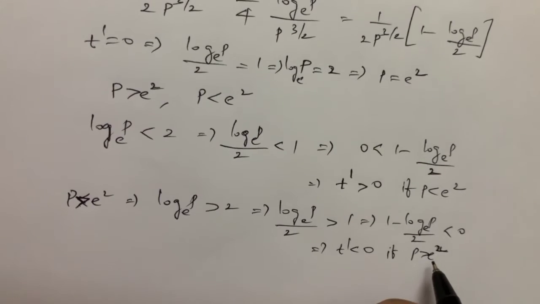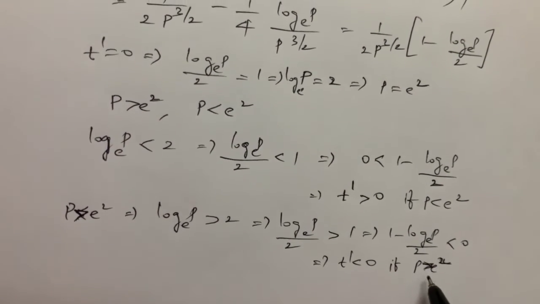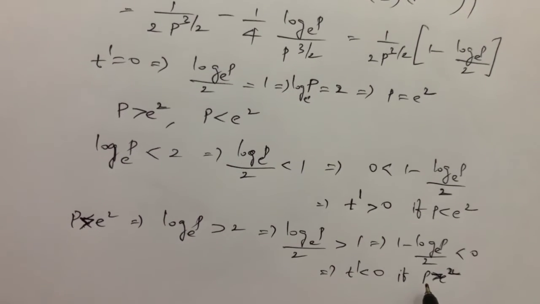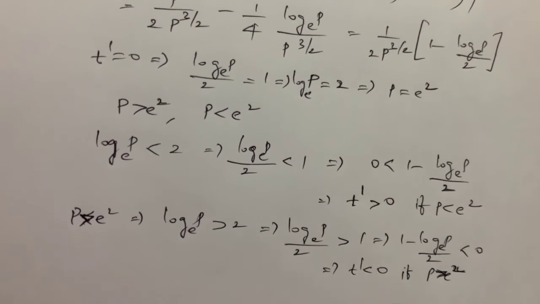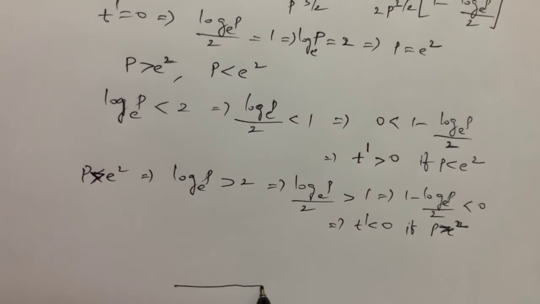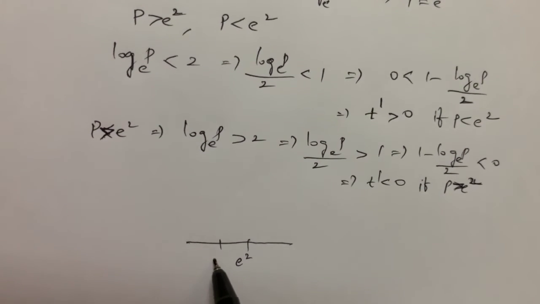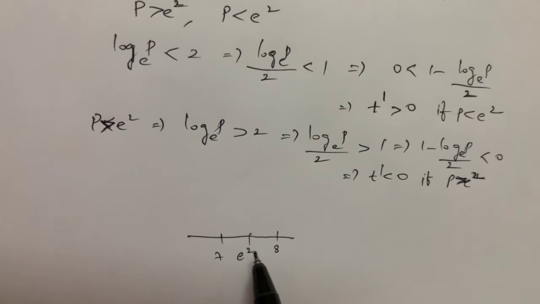Now e square is 2.7 whole square, roughly 7.29, so it is greater than 7. What we are seeing here is e square is lying between 7 and 8.